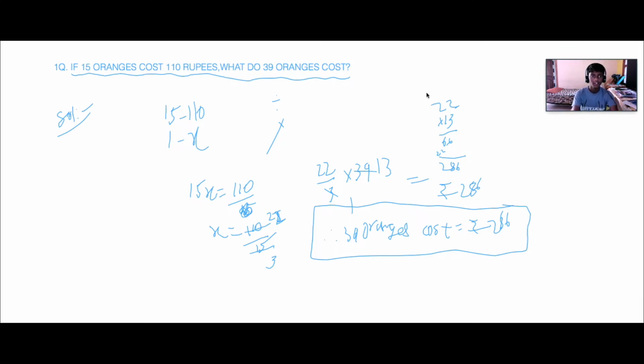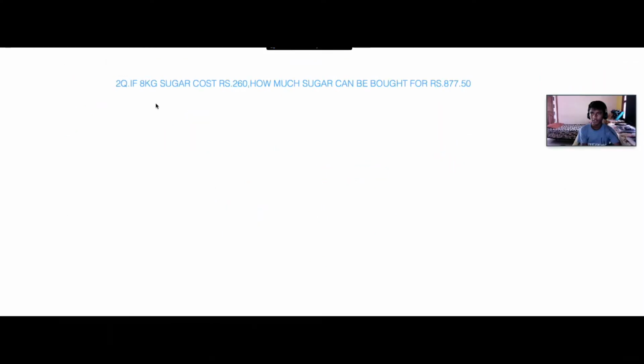Now let's solve the second problem. If 8 kg of sugar costs 260 rupees, how much sugar can be bought for rupees 877.50? So 8 kg of sugar is bought for 260 rupees. Now x sugar can be bought for 1 rupee. 8 is equal to 260x, so x is going to be 8 by 260.